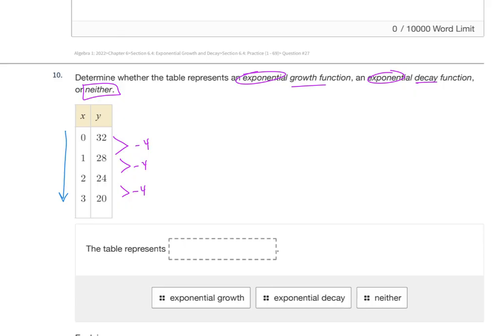But let me just double check that they didn't do something else, right? So how about this? 32 times, hang on, I wrote an x. 32 times x equals 28. That would give us 28 over 32. And so that is, hey, you could multiply 32 by 7/8 to get 28. But when you multiply, so if this is 7/8, then 28 times 7/8 will give us exactly 24.